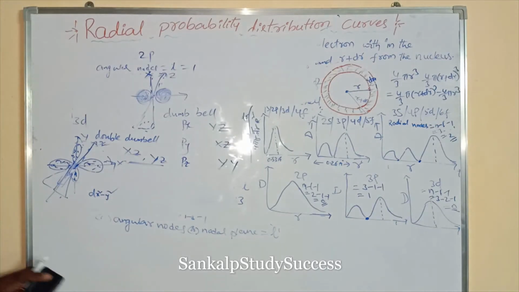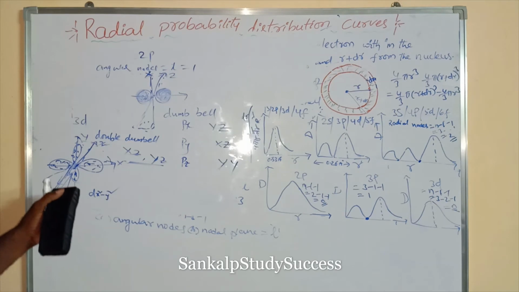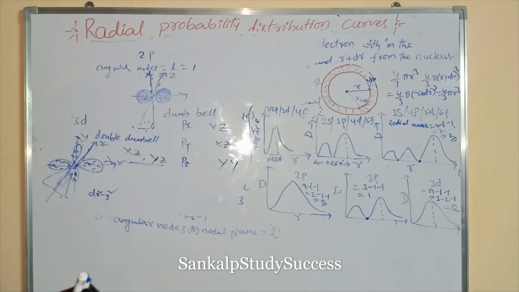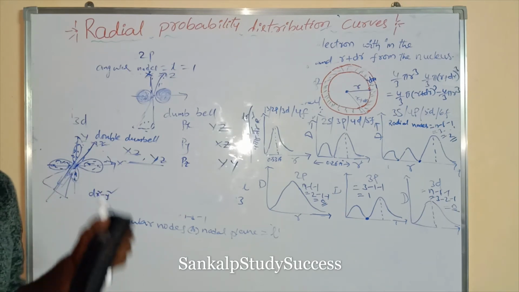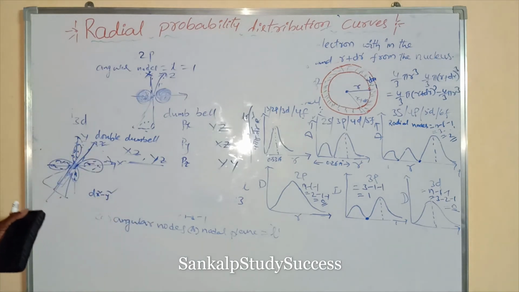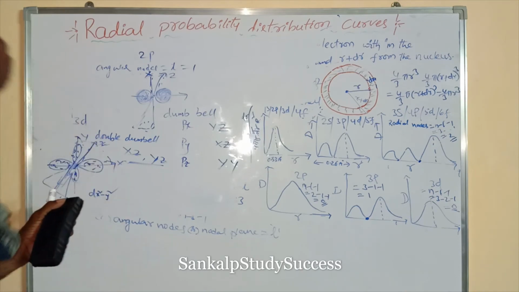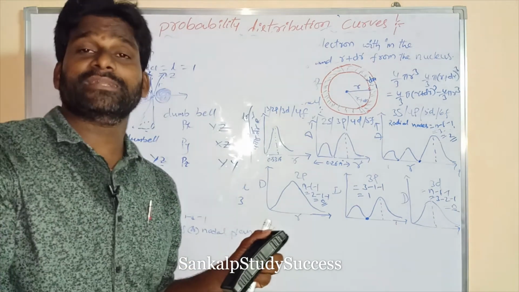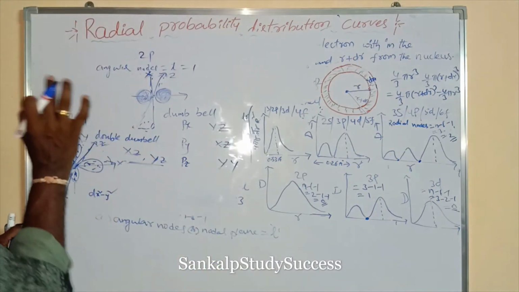The d subshell has 5 d orbitals. What are they? dxy, dyz, dzx, dx square minus y square, dz square. Of the 5 d orbitals, the 4 orbitals dxy, dyz, dzx, dx square minus y square have 4 lobes.